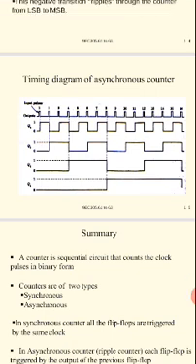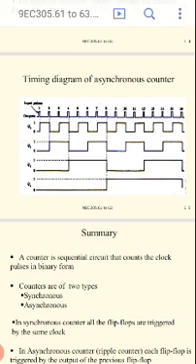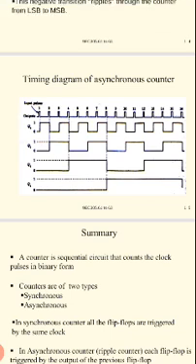Summary. A counter is a sequential circuit that counts the clock pulses in binary form.